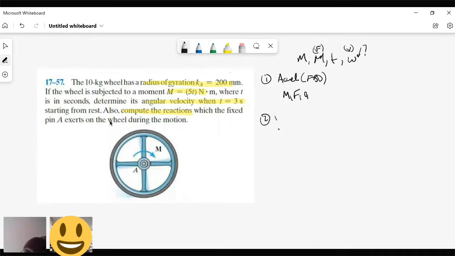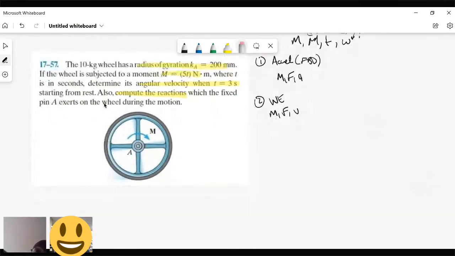Two is work energy. Work energy uses mass, force, velocity, and distance, so I'll put delta S, change of position. Generally they'll ask you to solve for velocity, change of position, or force, but those are your four variables that are generally included.